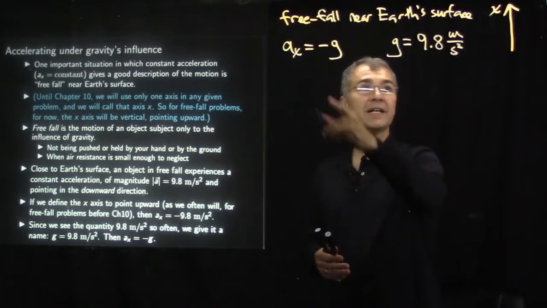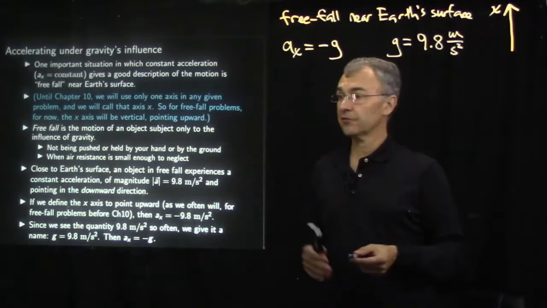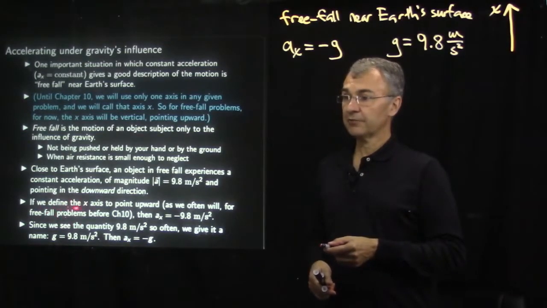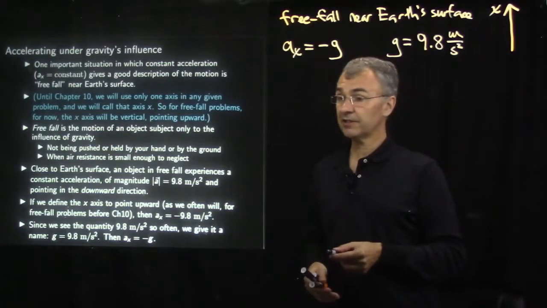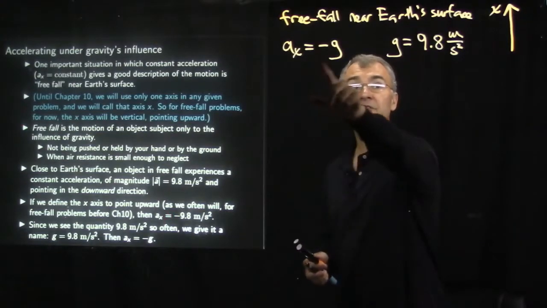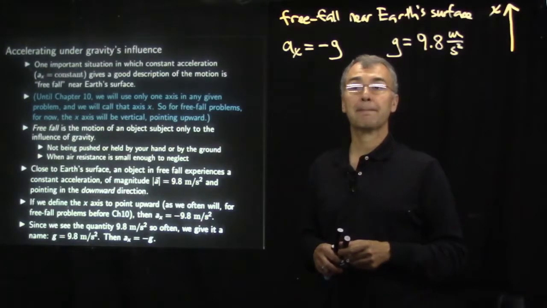Because it's negative, the acceleration points in the downward direction, which I think makes sense. So again, if we define the x-axis to point upward, as we often will for free fall problems until we get to Chapter 10, then a sub x is minus 9.8 meters per second squared.